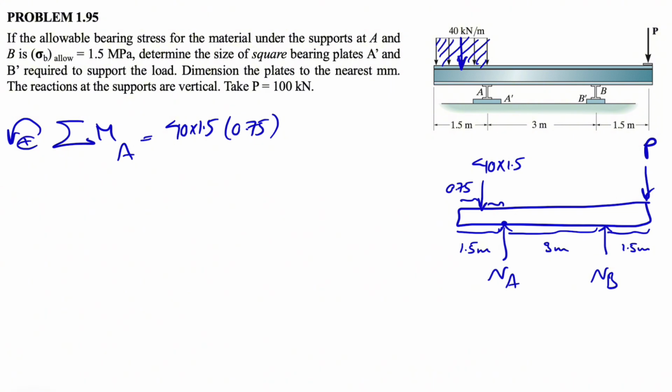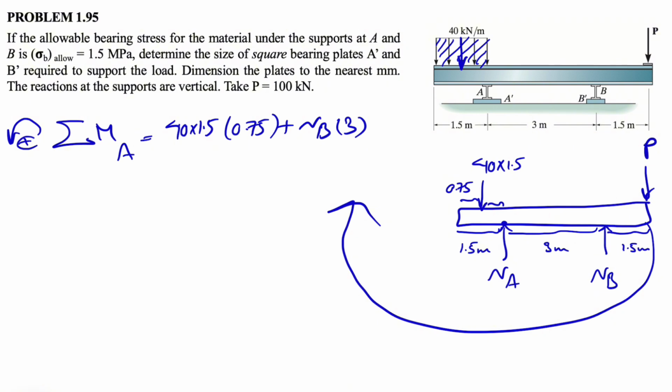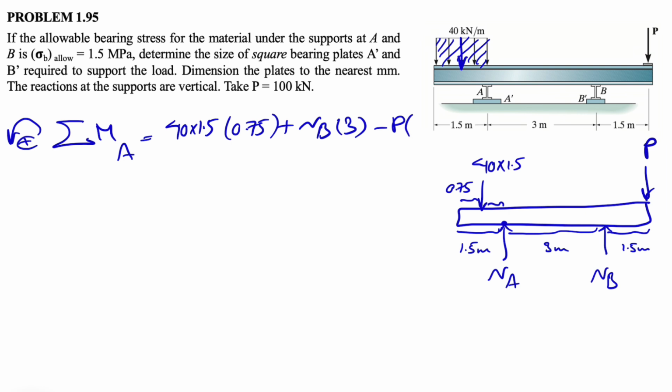If we look at it, we'll see that the moment of NB is also counterclockwise, so that one's also positive. NB times the distance would be 3 meters. And we have the moment of P. P is going to make a clockwise moment, so it will be negative P times the distance, which would be 3 plus 1.5, or 4.5, and this will be equal to 0.